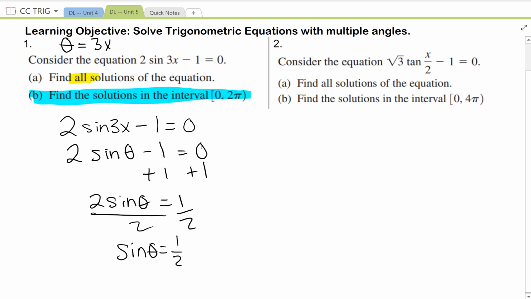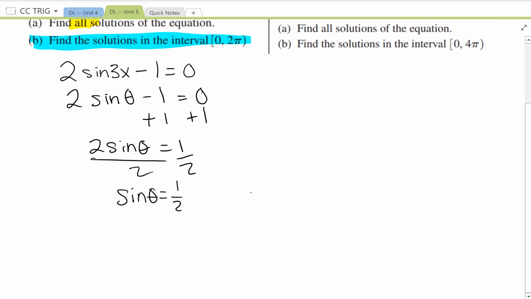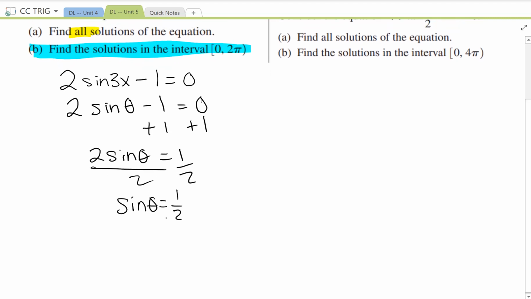Awesome. The first thing they've asked for us to do is to find all solutions of the equation. So first of all, which angles satisfy theta? And then we'll get to which angles satisfy x. First of all, sine theta equals 1/2. And we're writing these as expressions, right?